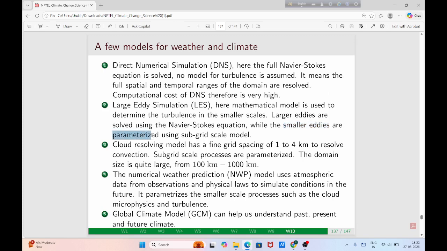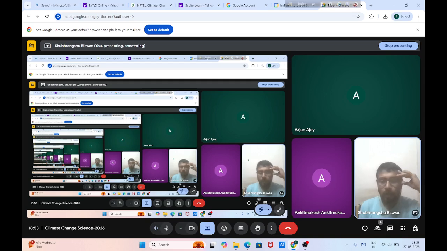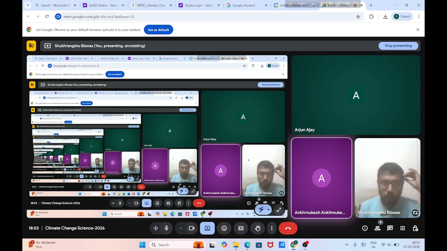Could you explain parameterization again? What is it? Yes, for parameterization, whatever we do is we cannot exactly solve the process. Suppose a cloud is going towards a region, and we don't know how much it will rain in that particular region, and what the effect of the cloud will be.